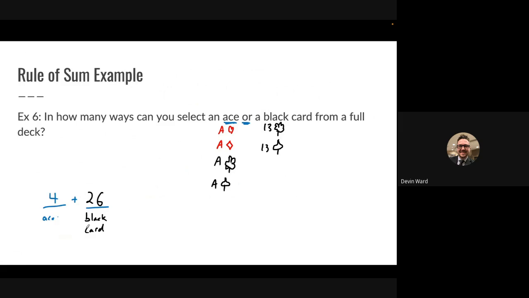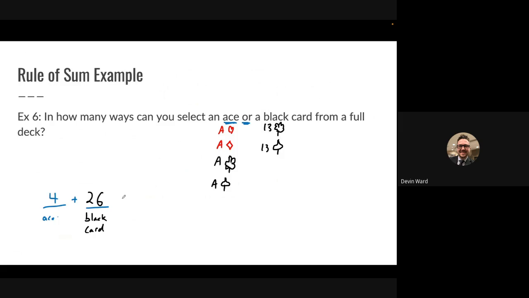Now, hopefully you notice that we're going to have to do something, because one of these 13 clubs is an ace, and one of these 13 spades is an ace. We can't just add these two straight up together, because otherwise we'll count these ace cards twice. We'll count them once when we count the aces, and once when we count the black cards.